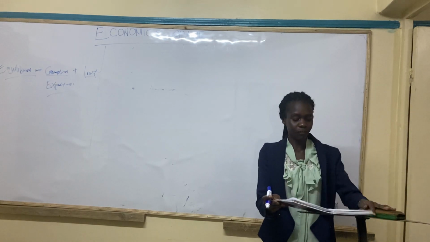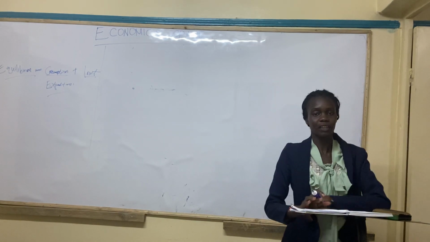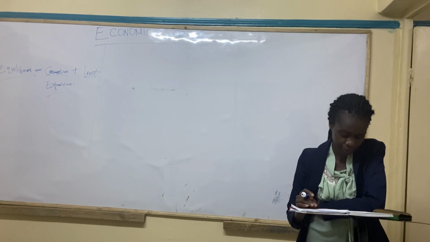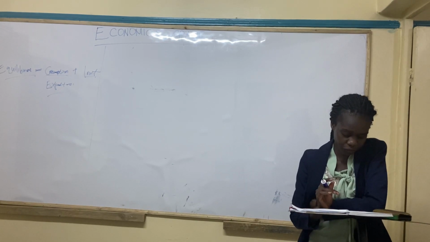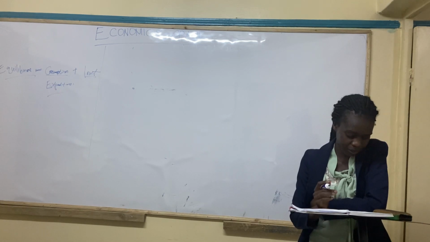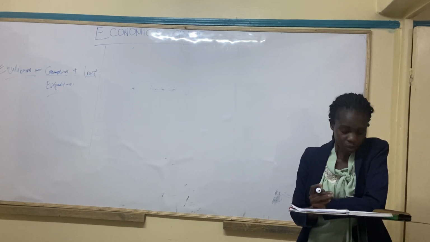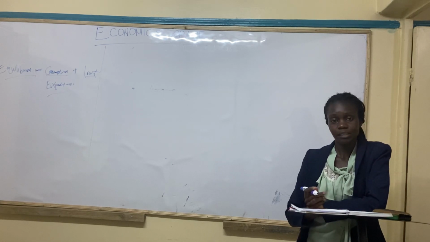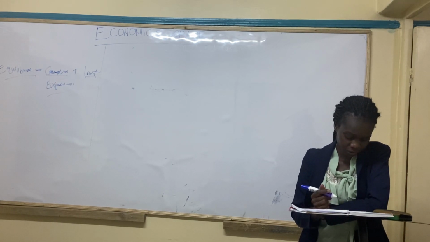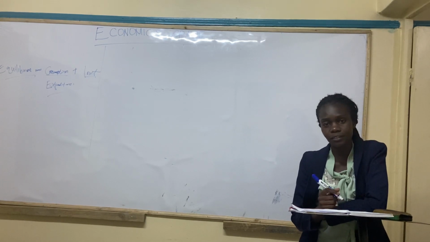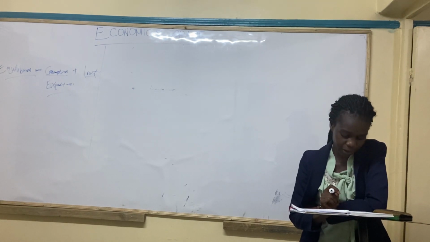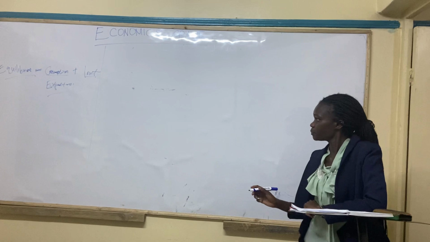So we have fluctuations of national income and business cycles. So we are going to define what is a business cycle. A business cycle is a tendency for output and employment to fluctuate around their long-term trend.